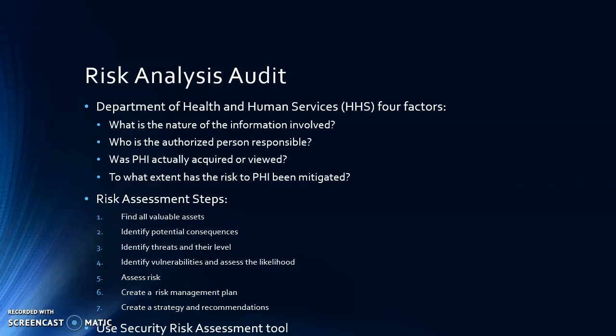It's a yes or no thing, and this will show you if you need to take corrective action for that particular item. The tool is step by step, and it will really help the organization go through the risk assessment as best it can.